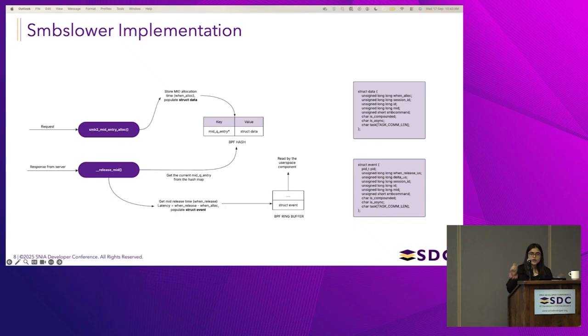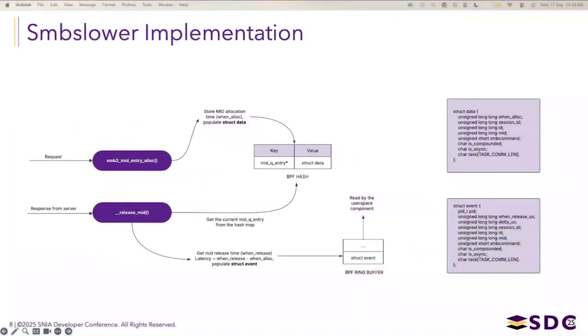So we get the pointer again, and that's how we come to the stored structure value. And that structure value has the time when mid was allocated, and the current time is when the mid was deallocated. Subtract the two, and you can get the latency. And all of this event is going to be sent to eBPF ring buffer so that it can be read by the user space handler.